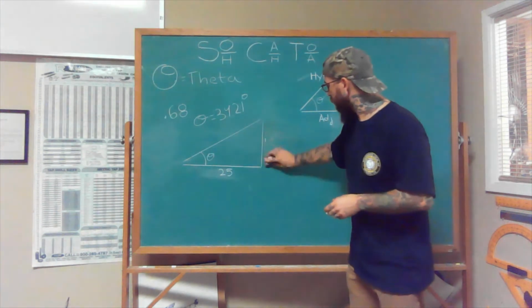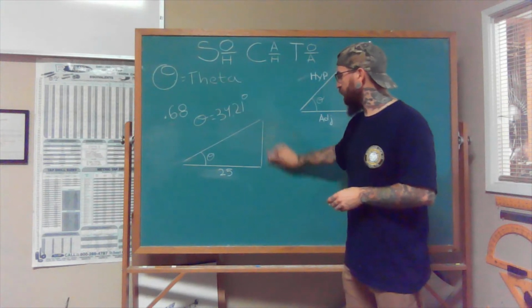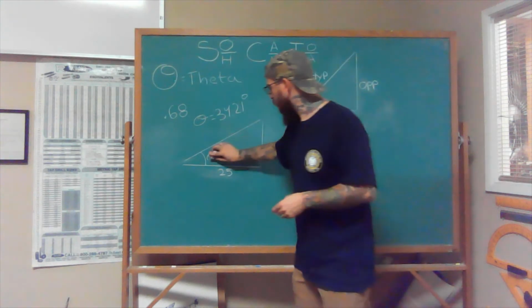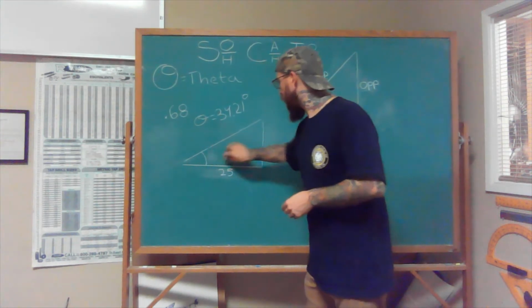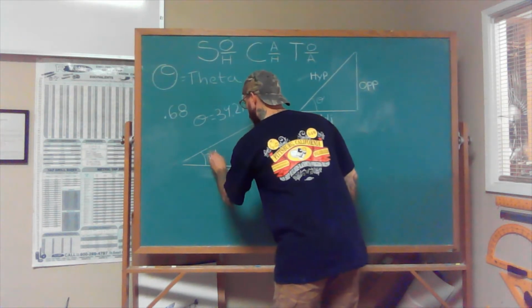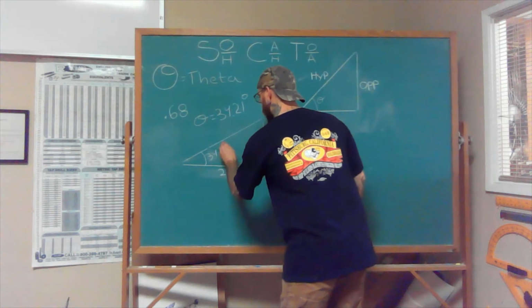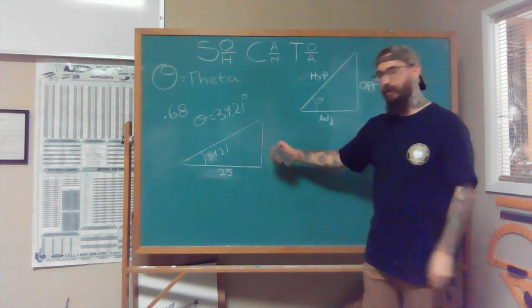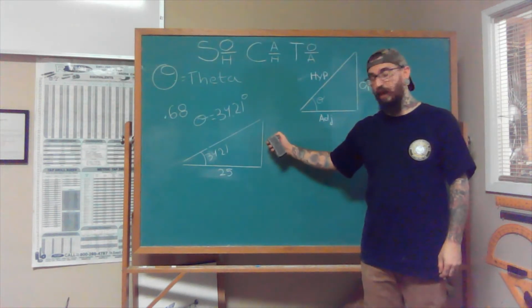So we're going to erase this 17 right here and pretend it doesn't exist, and say that we know this angle is 34.21. And now the question is, what is the length of this side?